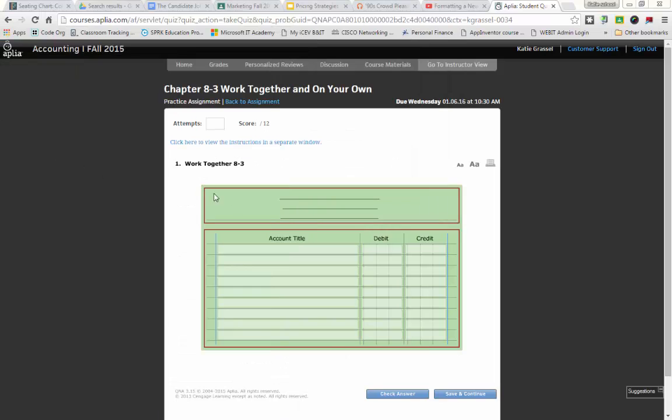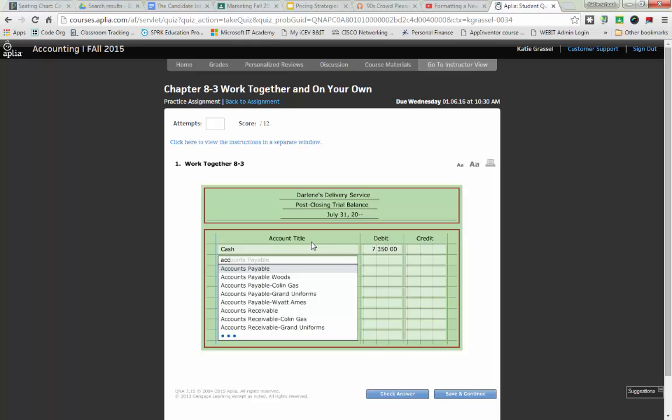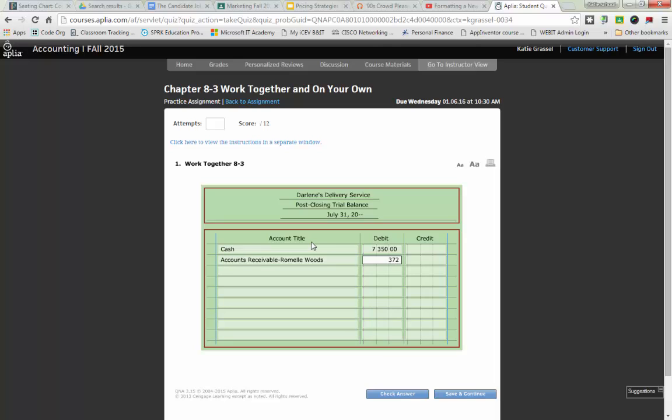The name of our business is Darlene's Delivery Service. The name of this document is the post-closing trial balance, and the date is going to be July 31st of the current year. So the first account that I have is going to be cash, and cash has a balance of $7,350. Then I have accounts receivable, Rommel Woods, debited $372.